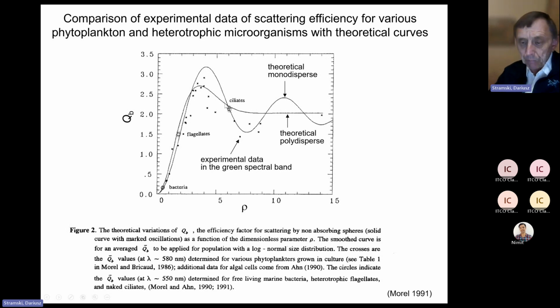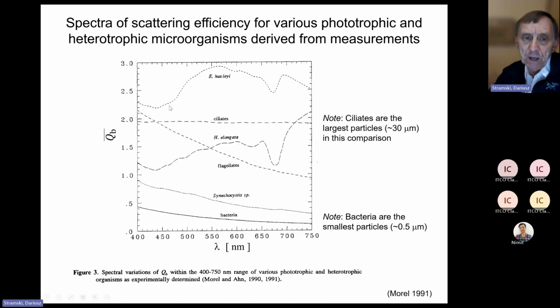And finally, we have an example where, apart from the fact that you see the effect of absorption on the scattering spectrum, with scattering being damped within the absorption bands, the general trend of this Emiliania huxleyi spectrum is such that initially, from the blue to green, you have an increase of scattering, and then from the green to the red, you have a tendency for scattering to decrease. And you have very high efficiencies for scattering here, reaching the value of 3.